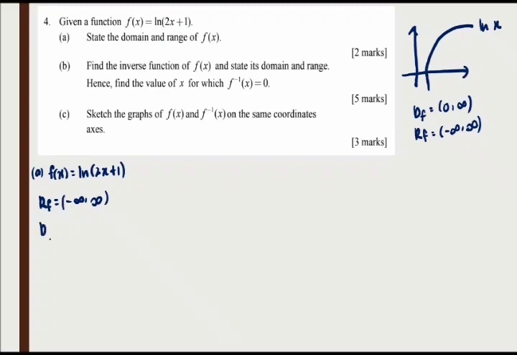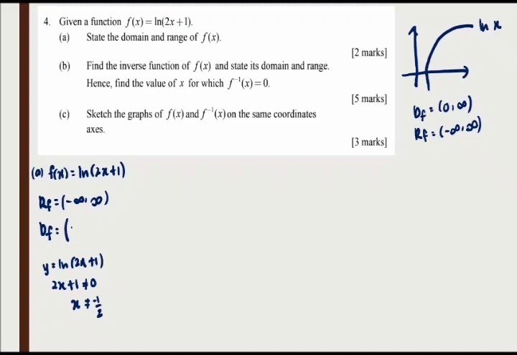Then for the domain, you have to check the value inside this bracket. So we have y or f(x) equals ln(2x + 1). Our value is 2x + 1 not equals to 0, so x is not equals to negative 1 over 2.